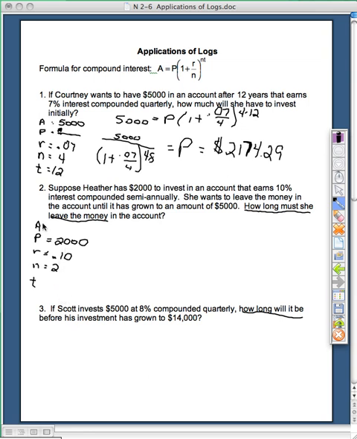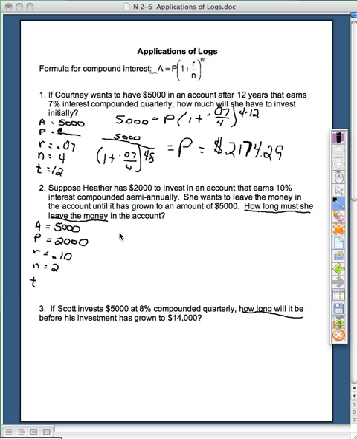And she wants to know how long she has to leave it in order to end up with $5,000 at that interest and that number of compounds. And that may be something I ask on a test. I might give you 2 different scenarios and say which is the best investment. You know, so many compounds, so much interest. And it may not be obvious necessarily, so I'll ask you to figure that out.